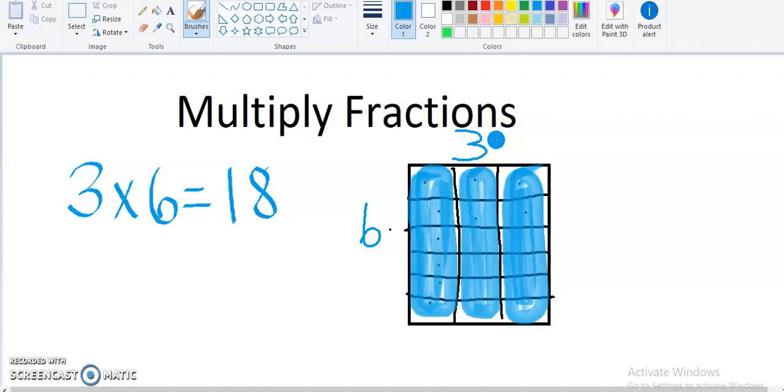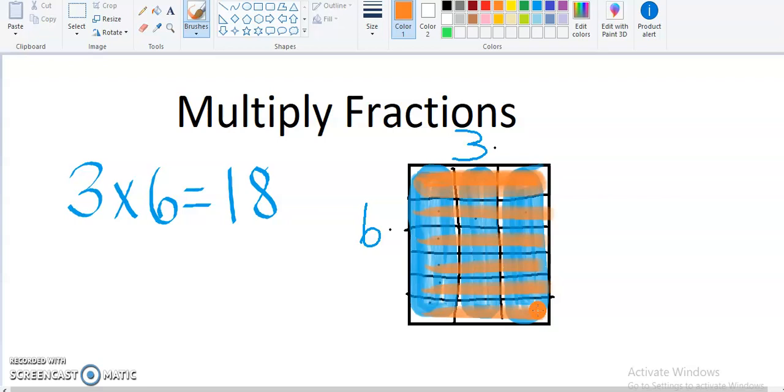Now I'm going to switch colors. I'm going to go to orange here. And I'm going to shade in the 6 sections here. So this is 1, 2, 3, 4, 5, and 6.